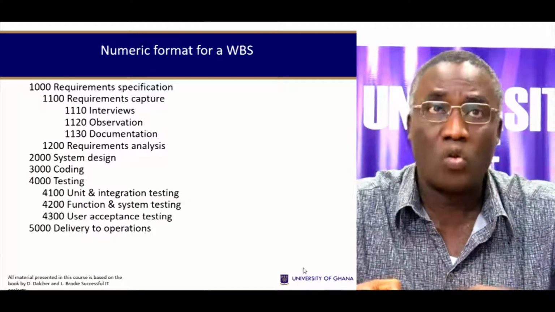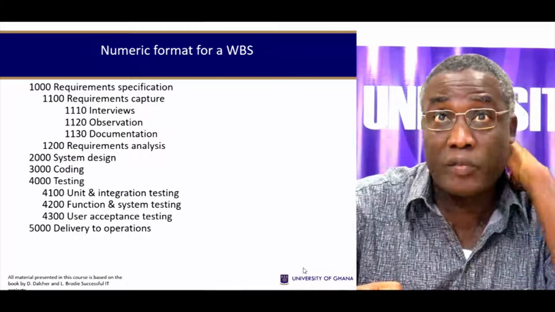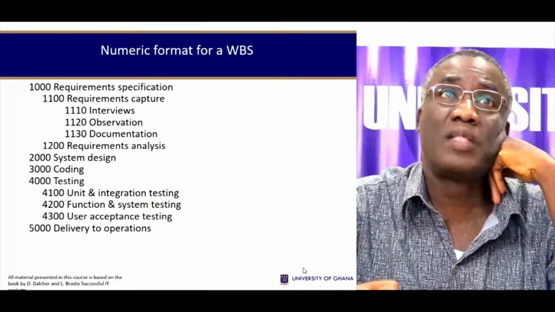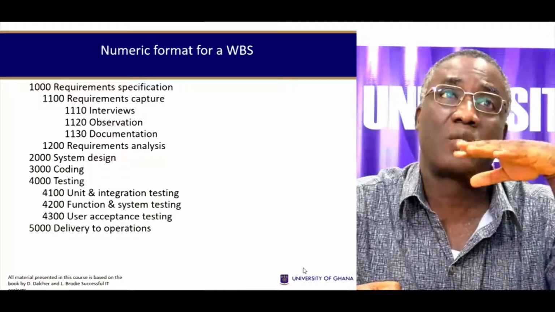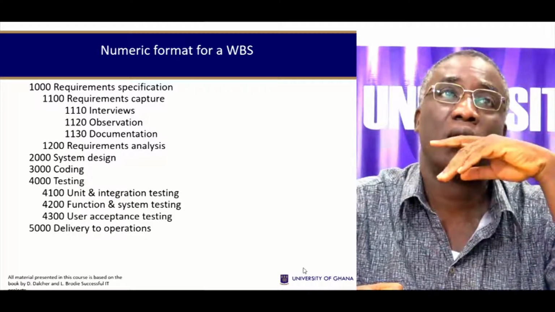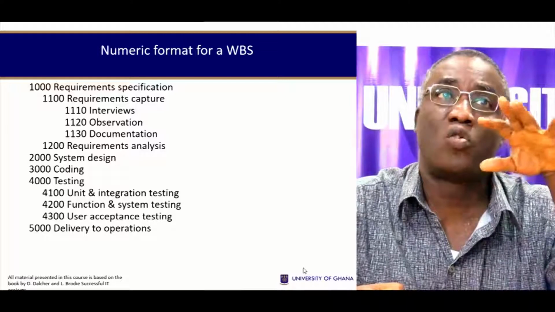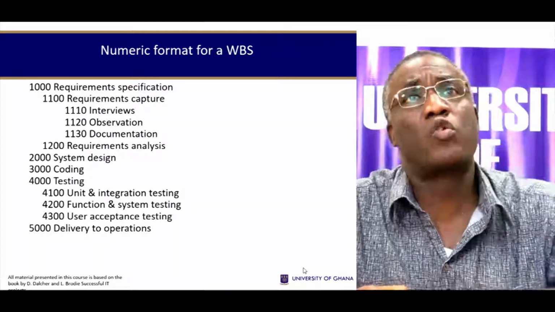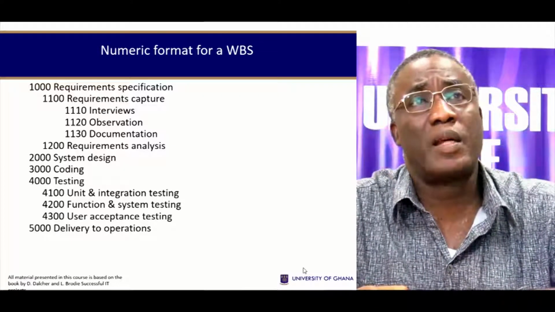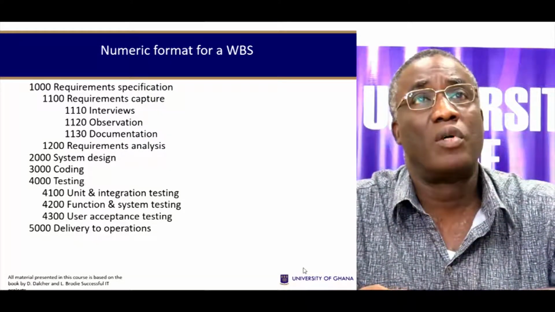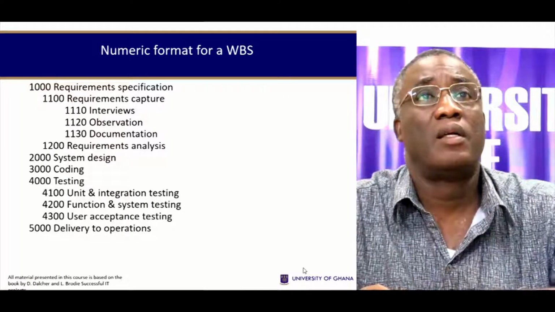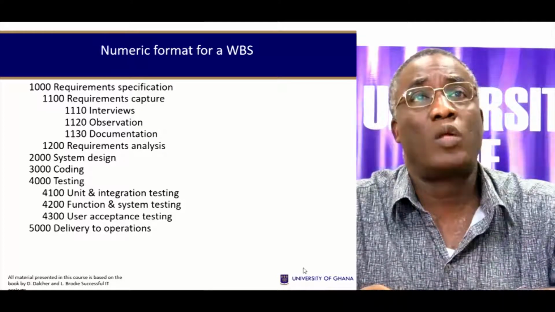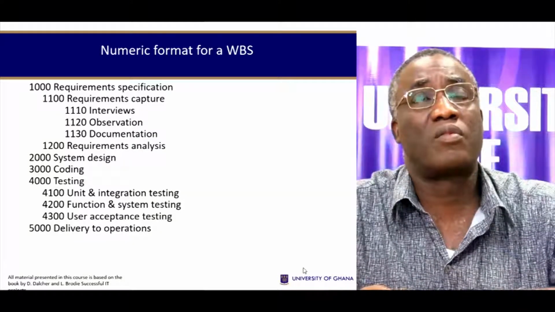Now, once you've done this and coded it, you can have a numeric format for the WBS. Notice I said that each of those tasks had a code with it. The requirement specification had a code of 1000, and they had a subcode of 1100, which was requirements capture. Requirements capture had subcodes of 1110, 1120, and 1130.